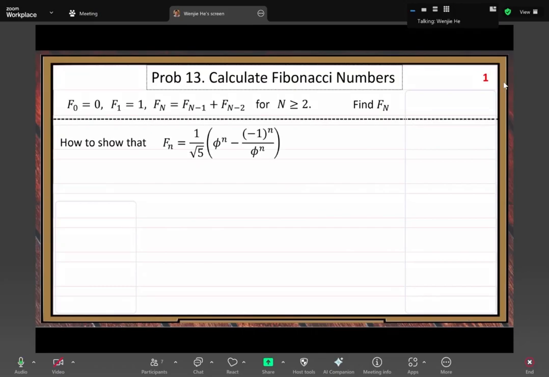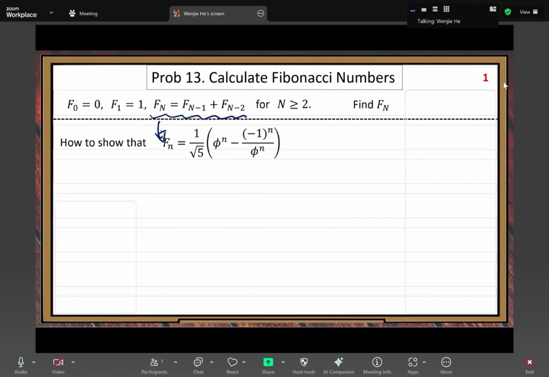Our goal is to verify that Fibonacci numbers generated by the original recurrence relation can be represented in this formula. How do we verify this formula rigorously?